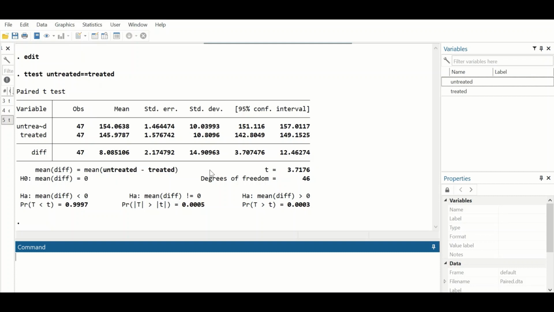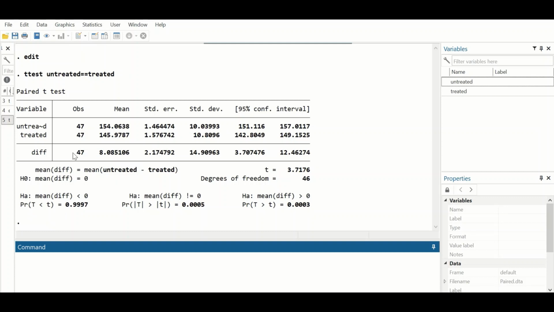And what is important here is the 95% confidence interval, and the value of the mean difference of 8 falls within the upper value, which is 12.4, and the lower value, which is 3.7, of the 95% confidence interval. So this gives a layer of confirmation that there is a statistically significant difference between the treated and untreated and the drug is lowering the systolic blood pressure.